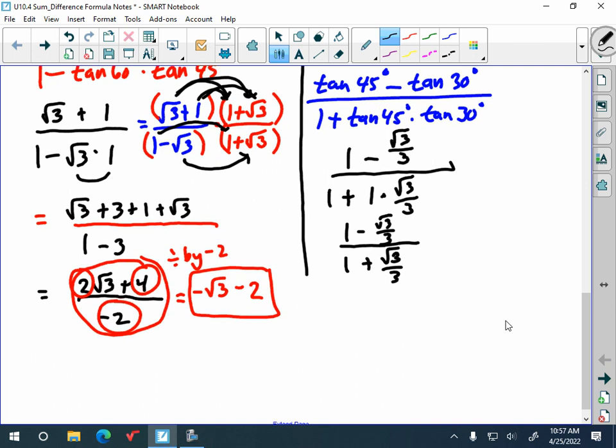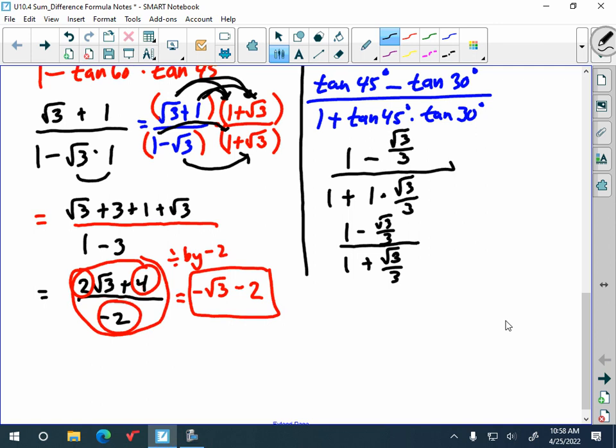All right, so what we're going to do is get rid of this complex fraction. We're going to keep this main fraction bar. To get rid of these complex fractions, you multiply everything by whatever the denominator is. In this case, it's 3. So we multiply this by 3, this by 3, and by doing it, we can cross cancel, and that gets rid of the complex fraction. Multiply this by 3 and this by 3, same thing.